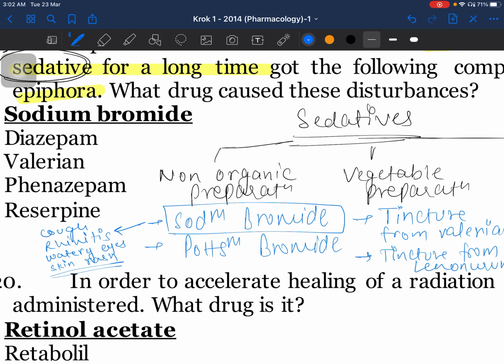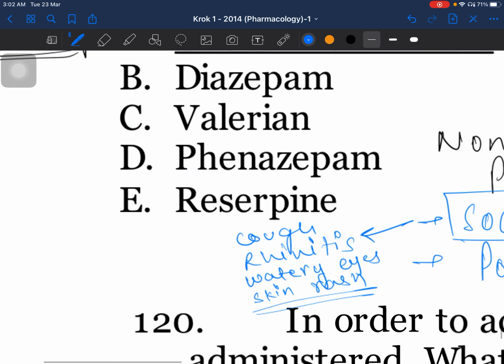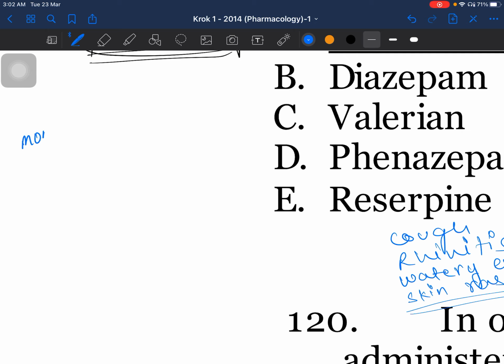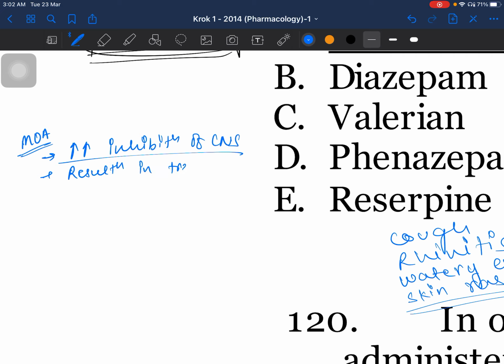Now, how does sodium bromide act? Sodium bromide basically increases the inhibition of the central nervous system, and when the inhibition of the central nervous system is increased, it also results in treatment of patient anxiety.